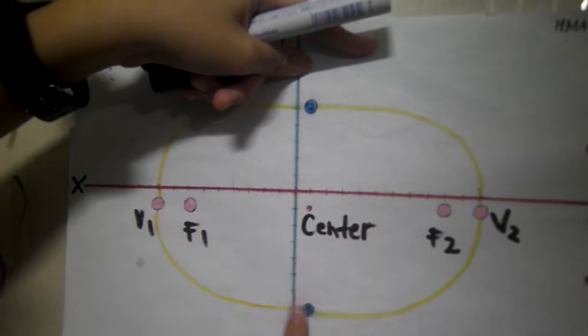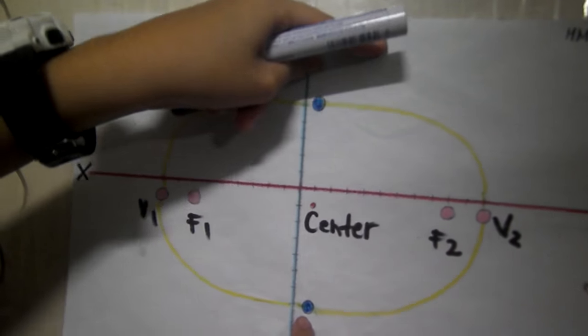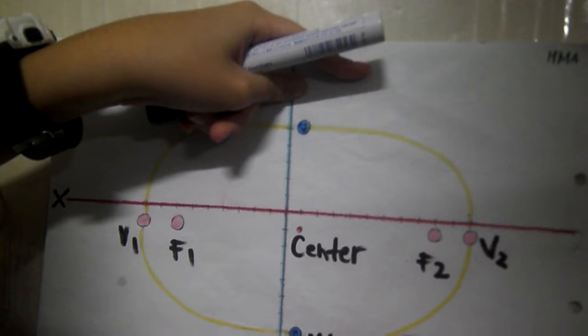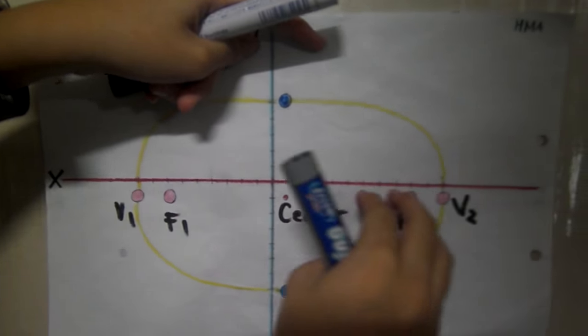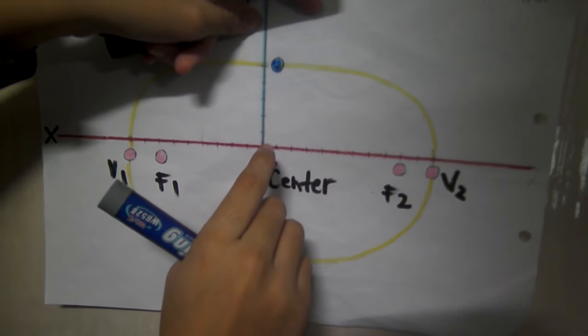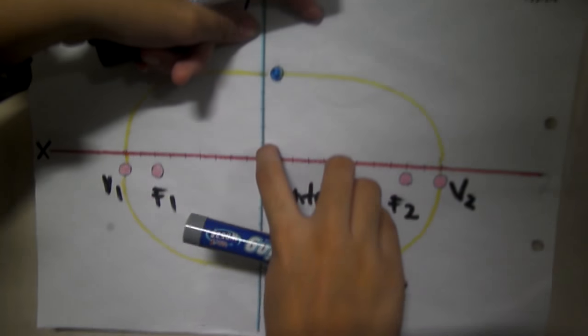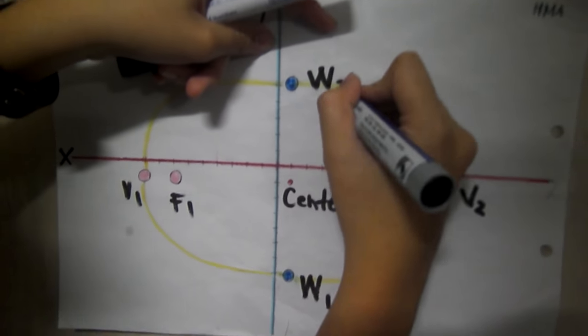This is the y-axis, negative 7 and positive 1. So this is our co-vertex 1. Then for co-vertex 2, it is positive 1, then positive 5: 1, 2, 3, 4, 5. So this is our co-vertex 2.